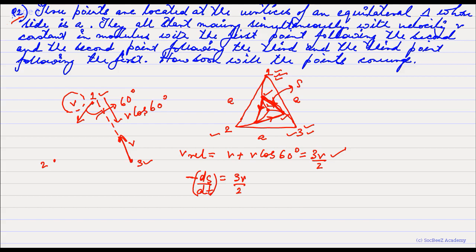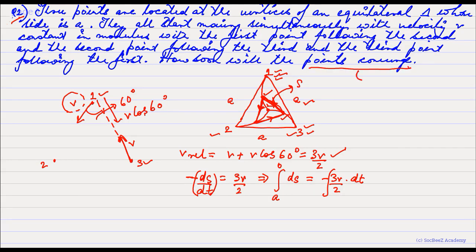Okay, fine. Now if we integrate this, we'll get ds equals minus 3v by 2 into dt. This should be from a to 0, because initially s was equal to a and finally s is equal to 0, that is when the points converge.